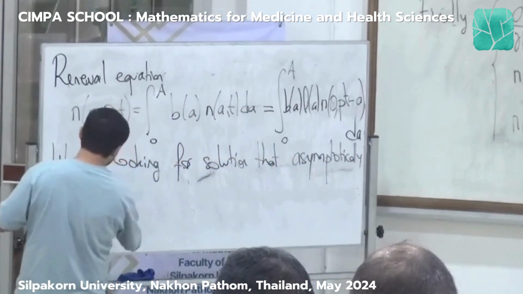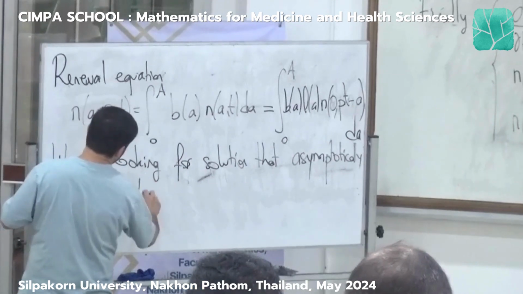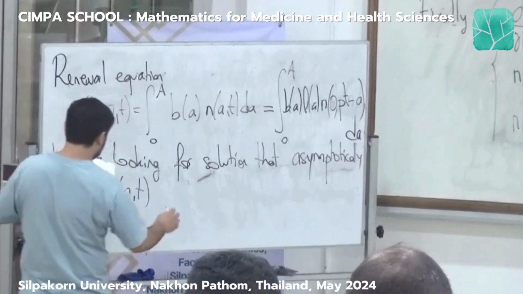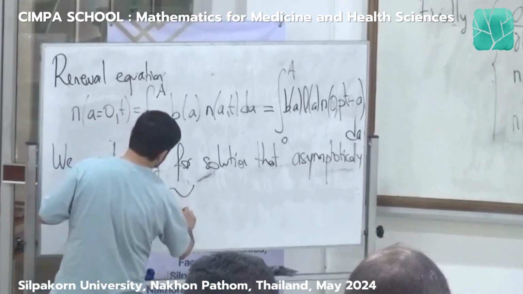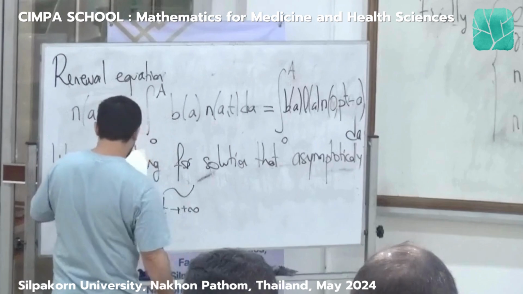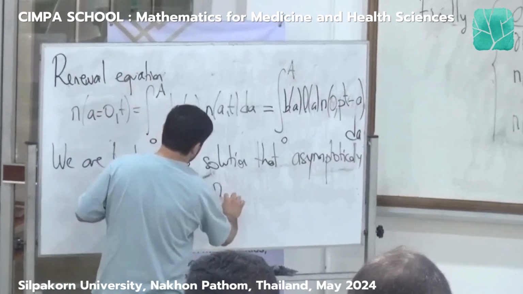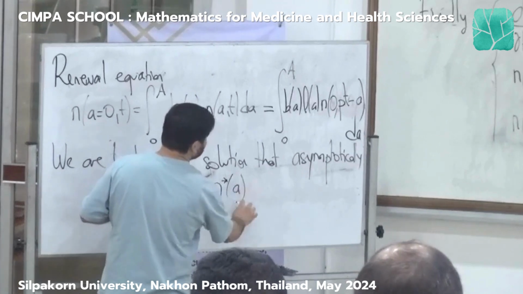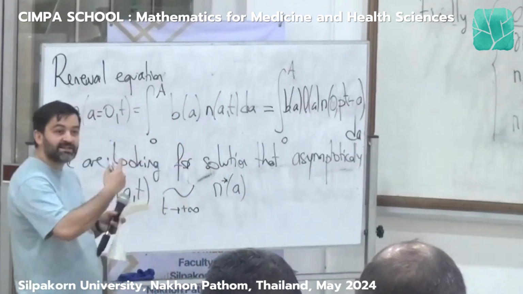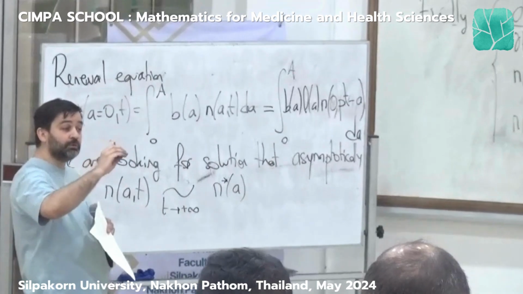So what I want is this population, so when t goes to infinity, I want the constant distribution of age, exactly like the distribution I told you.